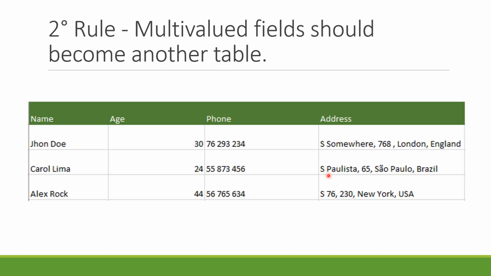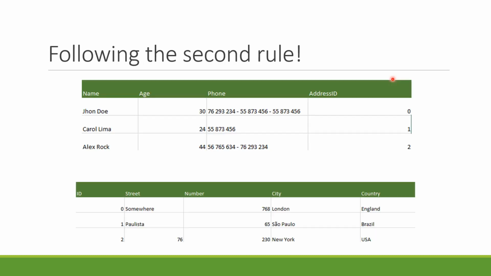So instead of having the address as a multivalued field, we should make it another table. So following the second rule, here we have the address table.